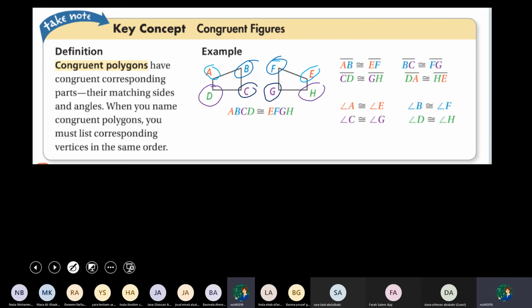By comparing these two sides and these two angles, we found that they are congruent.